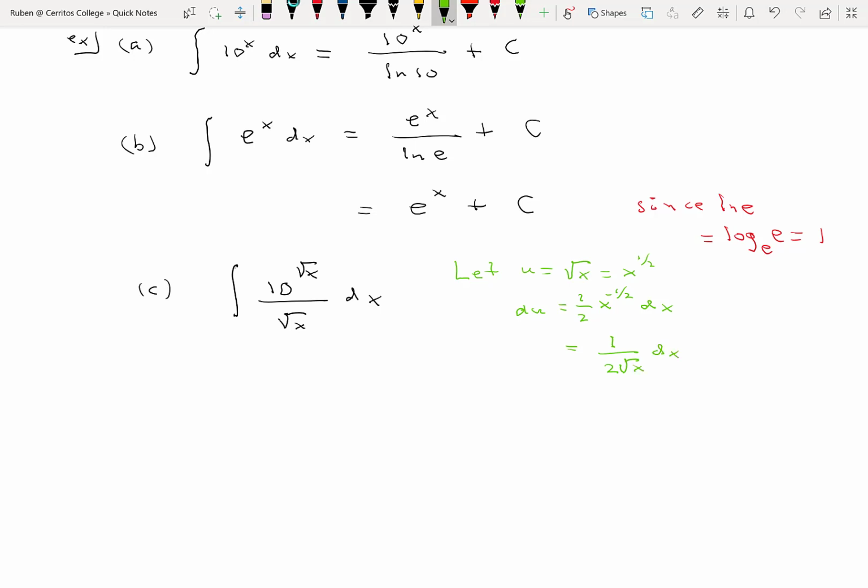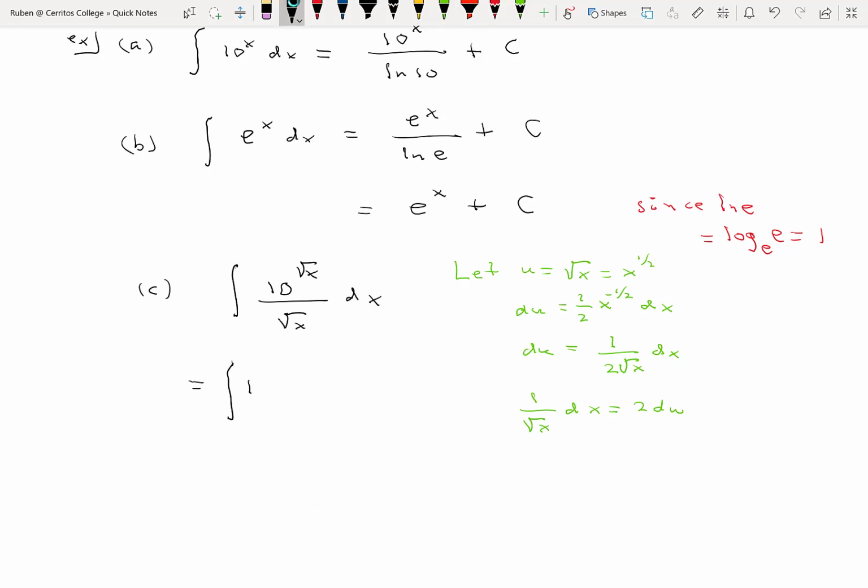Remember, x to the negative 1/2: the negative brings the expression down into the denominator, and 1/2 means square root. So 1 over the square root of x dx equals 2 du.